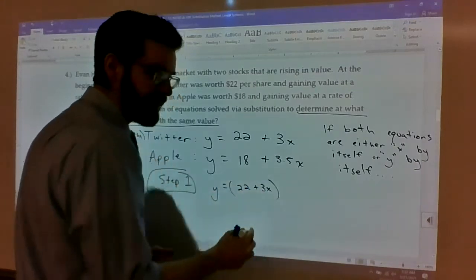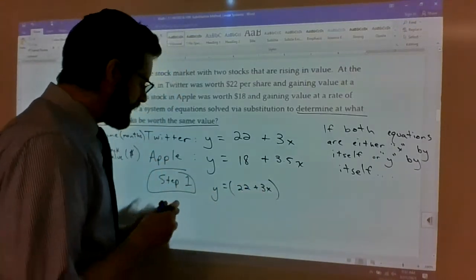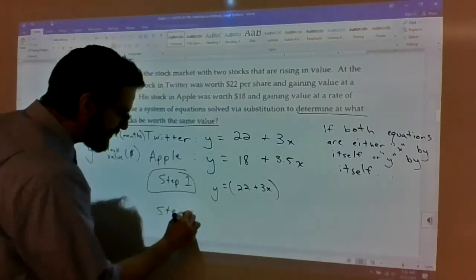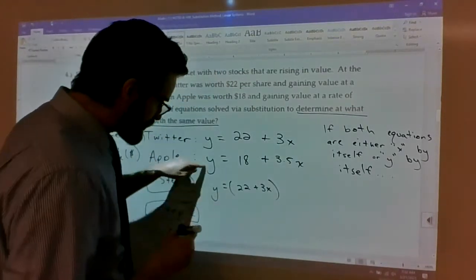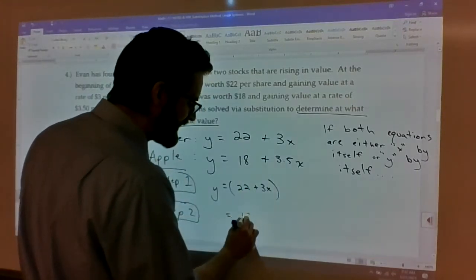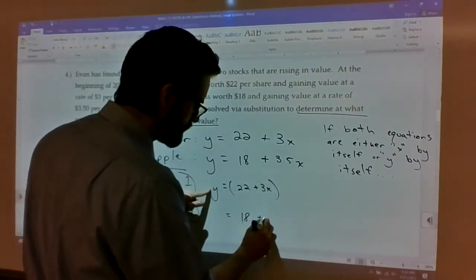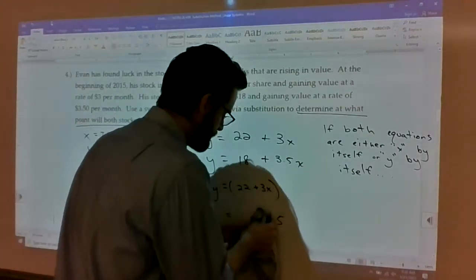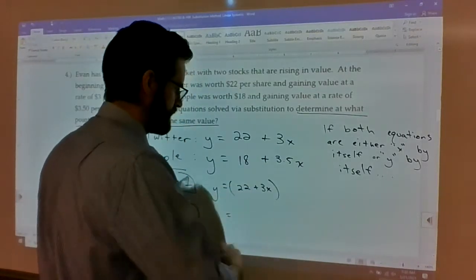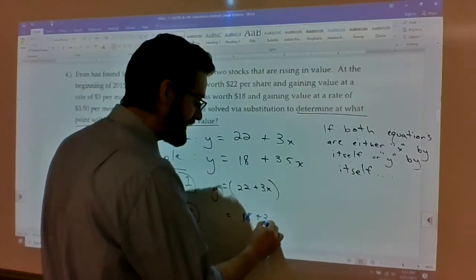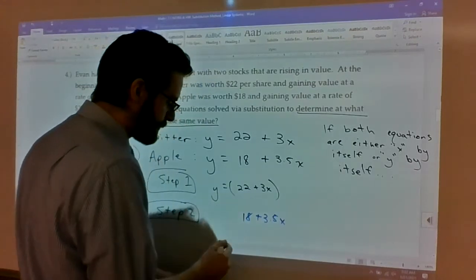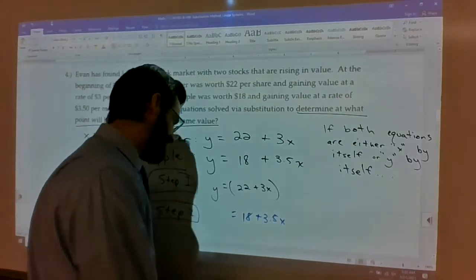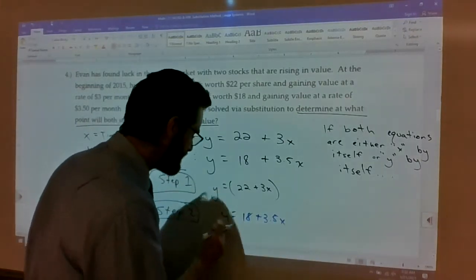And I normally put them in parentheses, so I'm going to do that again. The second step is where I rewrite the second equation, all in black ink except the variable that needs to be replaced, in blue ink. Well, I've got y by itself in the first one, so I need to replace it with y.